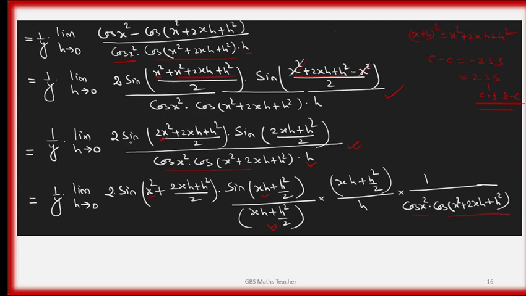Again I want to repeat this. 2 stays 2, 1 by y stays 1 by y, limit h tends to 0. Here 2x² divided by 2 is x², plus the other term, no change.